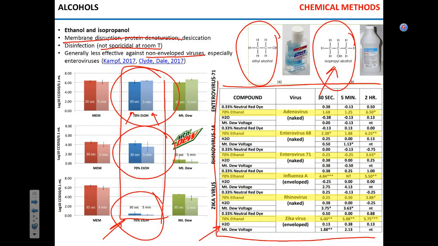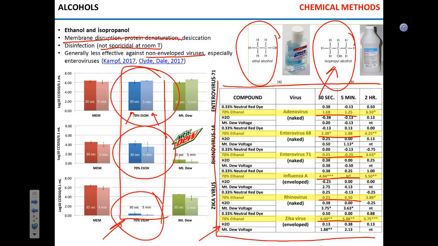So I highlighted the ethanol in this inactivation story, and the activity of ethanol against adenovirus, enterovirus 68 and 71, influenza, rhinovirus, and Zika virus. So these numbers show you the logarithm of reduction. The bigger the number, the better. The bigger the number, the more efficient inactivation is.